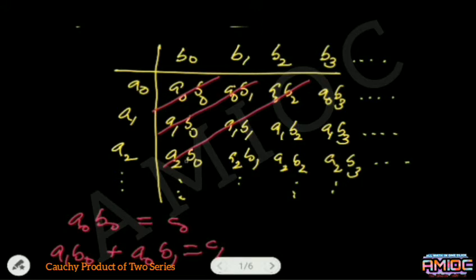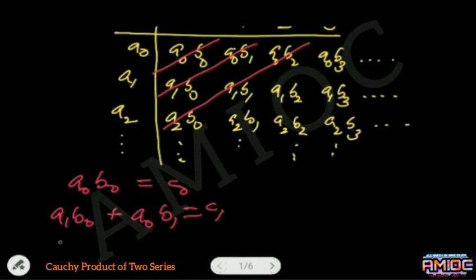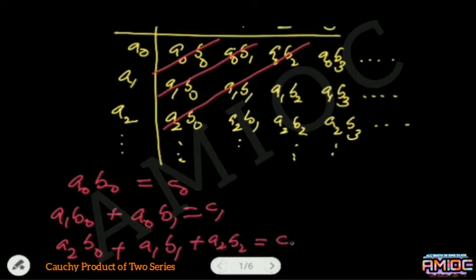Now, the third diagonal meets the points a2 b0, a1 b1, a0 b2, and taking the sum of these three terms we get a2 b0 plus a1 b1 plus a0 b2 equal to c2.